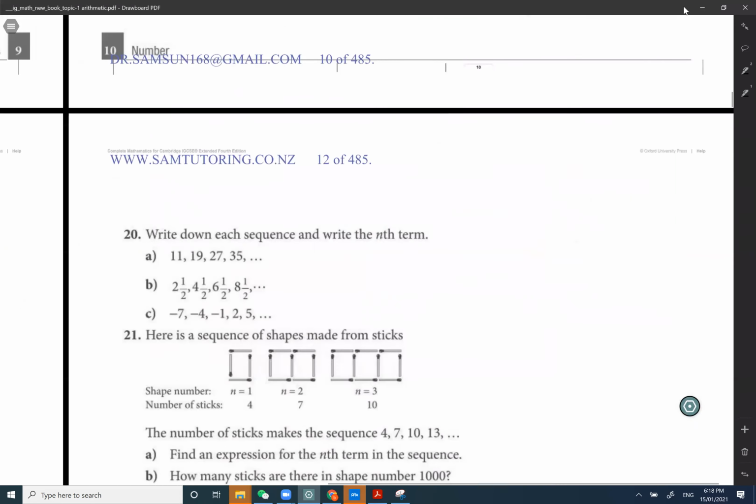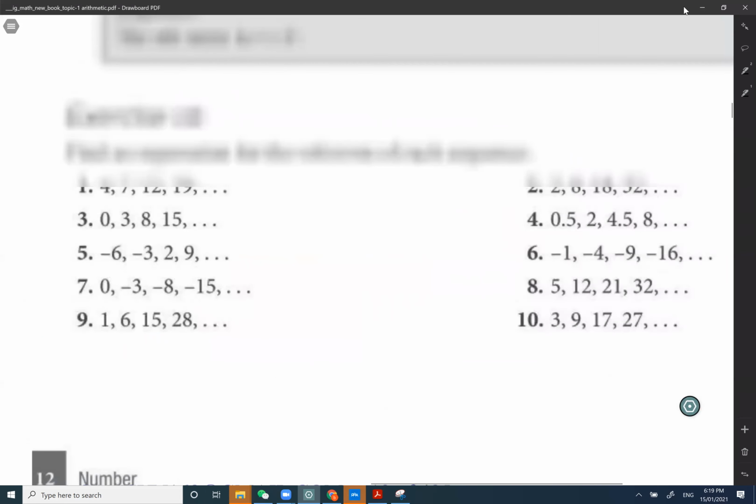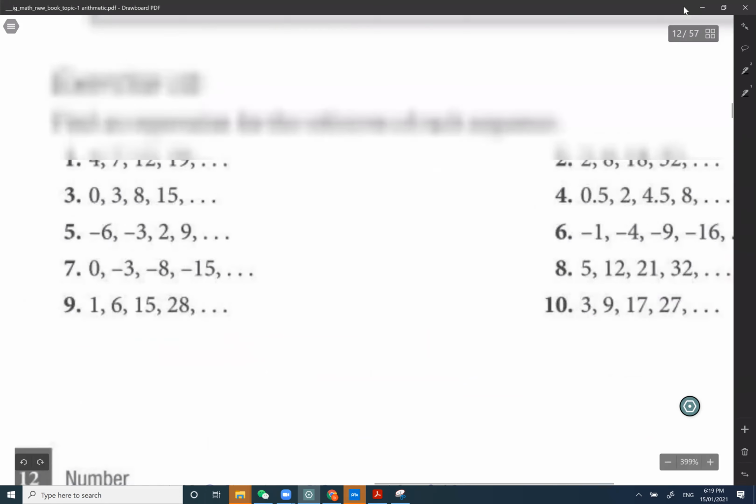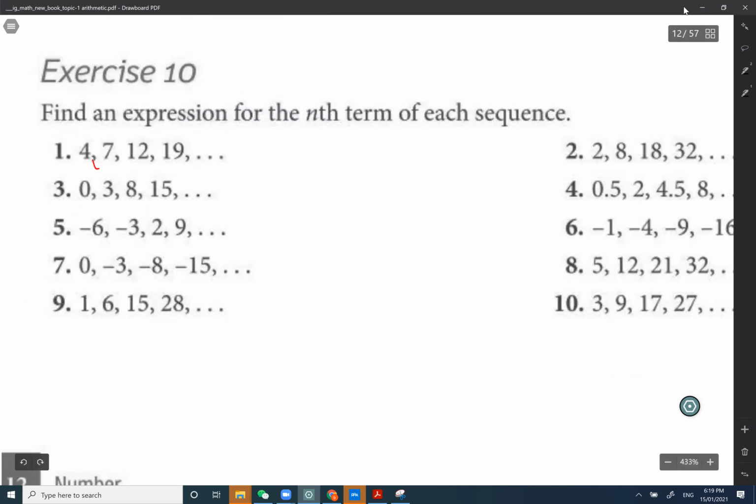Oh, there's something above. Okay, we check 10. I'll just give you one example. You do the others. The first one, 3, 5, 7. Oh, we know a equals 1 because the difference is 2.